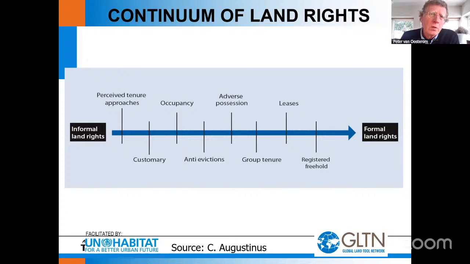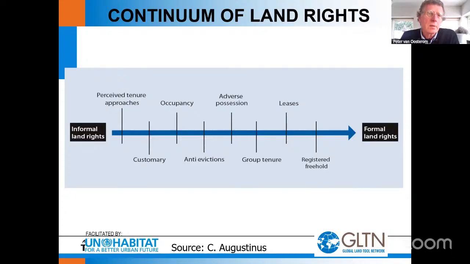And UN Habitat talks about the continuum of land rights, from, on the left-hand side, very informal, say, perceived tenure approach, customary rights, so native peoples like indigenous peoples living in the Amazon, or the Maori in New Zealand, Aboriginals in Australia.